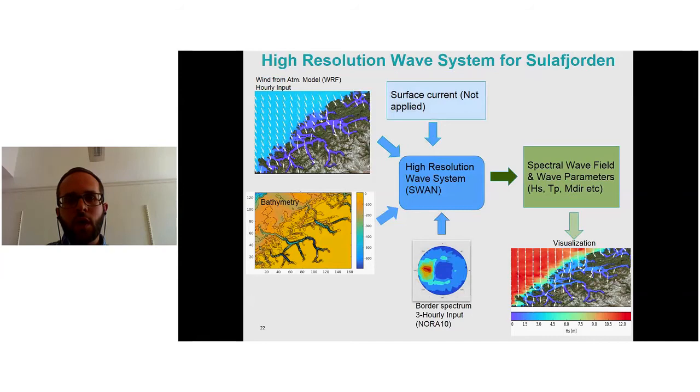In addition, there is the possibility for input from surface current, but it's not yet applied. The output is the spectral wave field and the wave parameters, as I said before, significant wave height, peak period, and mean direction. At the bottom you can see the visualization of the results in the area of Sulafjorden, for example.